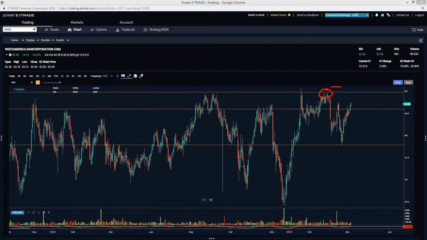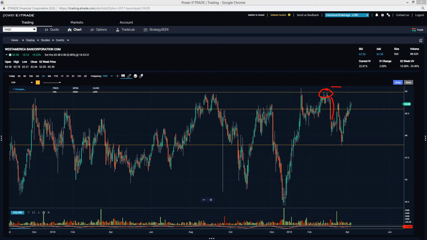This one just happened to work out pretty quick, a 4-day, 5-day move, and we were out of the name and gained 8%. So those are the swing trade opportunities that we use. I just wanted to show you what we use for those strategies, support and resistance, ensuring that you're using those stop losses to minimize your risks.